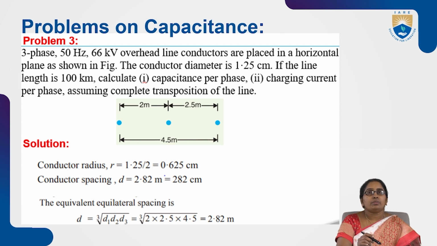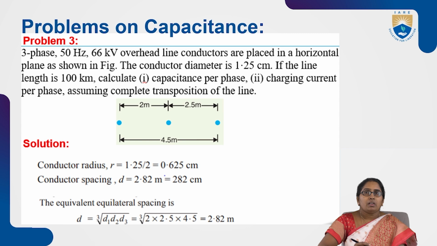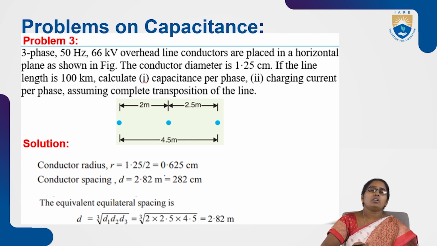Now we know that in case of a three-phase line, the capacitance per phase expression is 2 pi epsilon naught by log of D by r, where D is the cube root of d1, d2, d3.